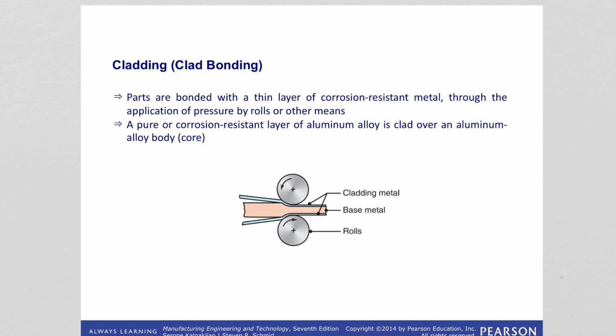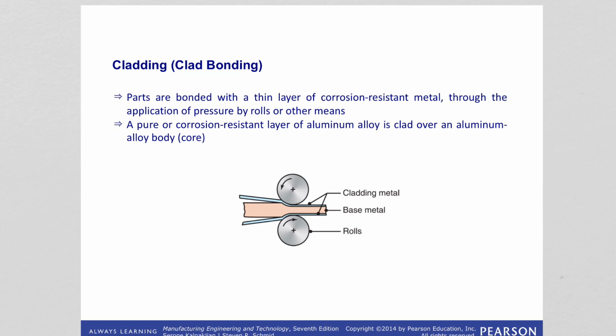So cladding, or clad bonding, we have seen this technique before. Here the parts are bonded with a thin layer of corrosion-resistant metal through the application of pressure by rolls or other means. Explosives or extrusion could also be used, but the idea is the same.